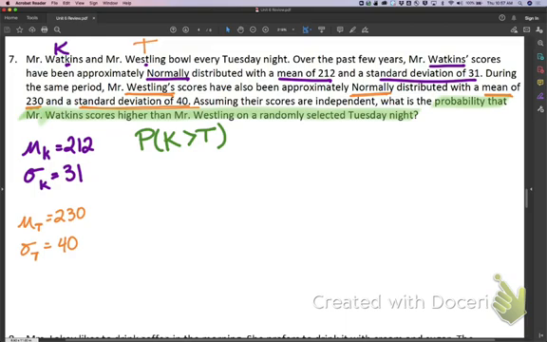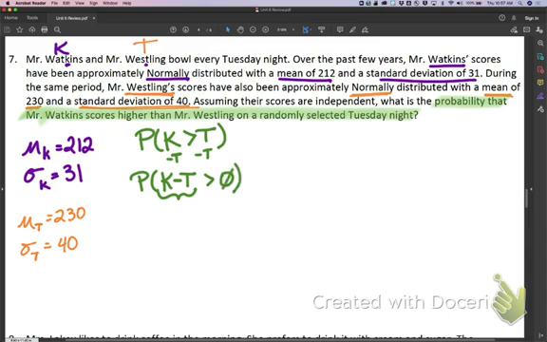Now, when we combine two different distributions, we don't really look at one being greater than the other. So what I need to do here is subtract this T from both sides. And now I have the probability that K minus T, which is a single distribution, is greater than 0.